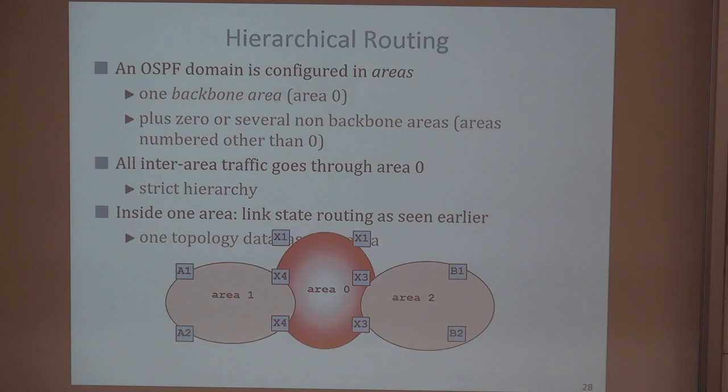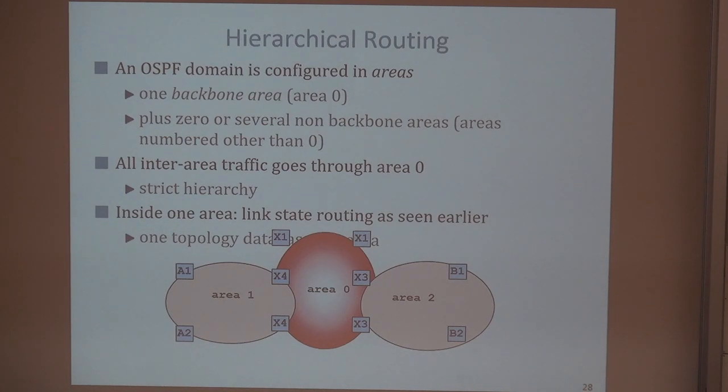With BGP, things are hierarchical in the sense that there is BGP and interior routing protocol, but with BGP, the hierarchy is by having nodes that are BGP routers at the interface between two subdomains.